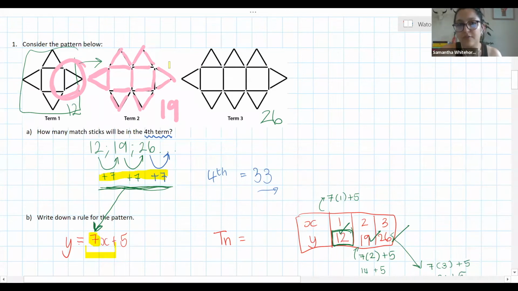But if I go to this table I've drawn, 7 times this 1 here, I only get 7. My answer needs to be this 12. So what do I add or subtract to 7 to get 12? Well, I add 5. And that addition of 5 gives me the rule that will work for each of my terms. Does that make a bit more sense?